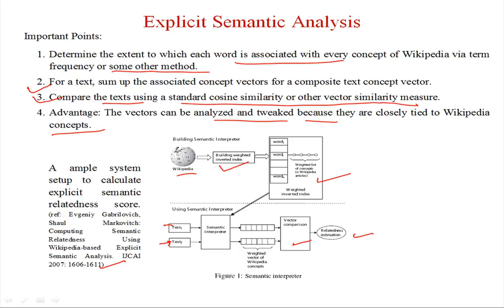It means here we totally depend upon the term relations in Wikipedia to calculate the semantic similarity between two text documents. So sometimes it may not be very local for some documents and may misguide in some cases.